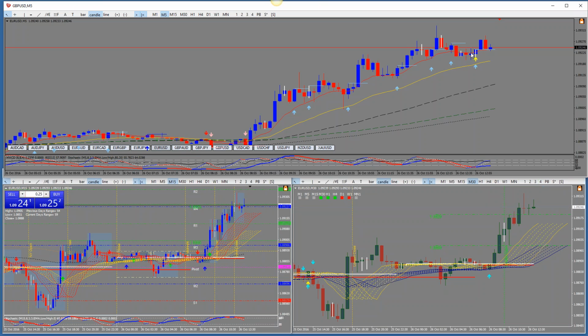All right. So we had a pullback here to our original signal on the euro dollar. I think we got in. Let me just pull the euro dollar trade over there. All right, so I got in on this inside bar here.